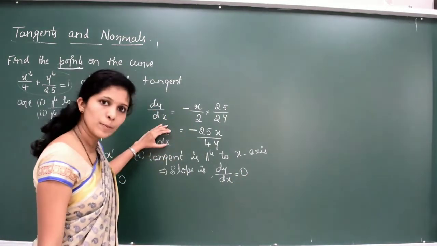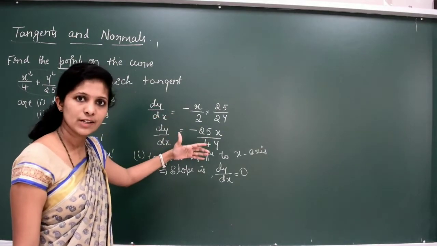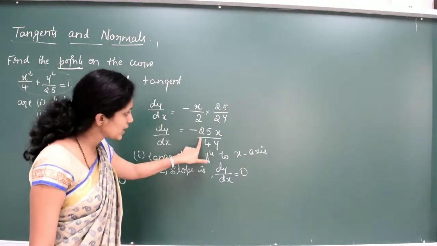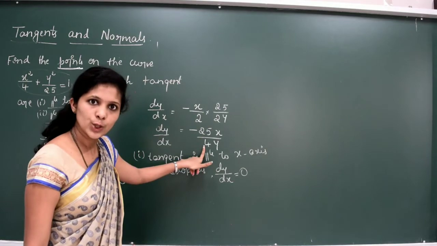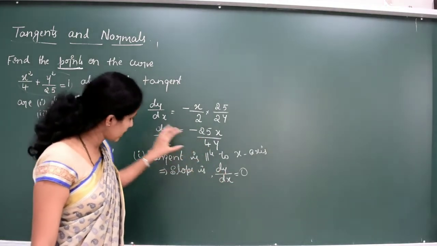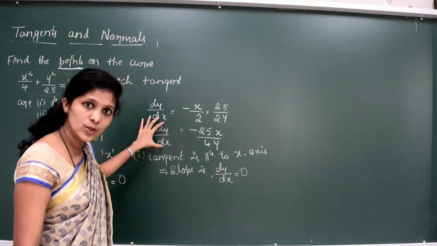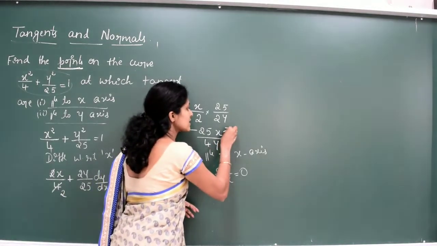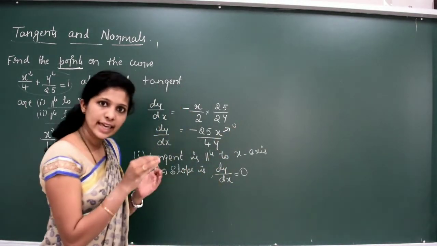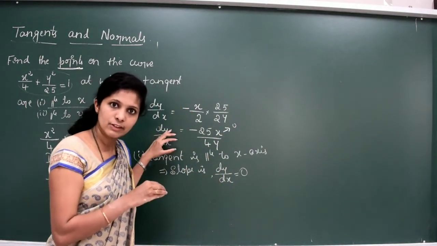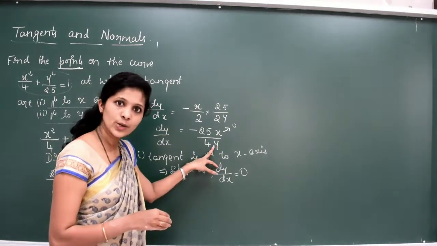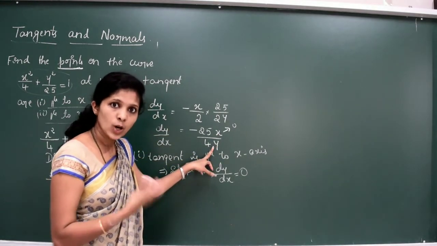To get slope as 0, what are the possible values of x and y? See here, minus 25 and 4 cannot be equal to 0. So I want the value of dy by dx to be 0. Only the possible value is x is 0, right? If x is equal to 0, then dy by dx will be 0. If y is equal to 0, then it will be not defined, right?